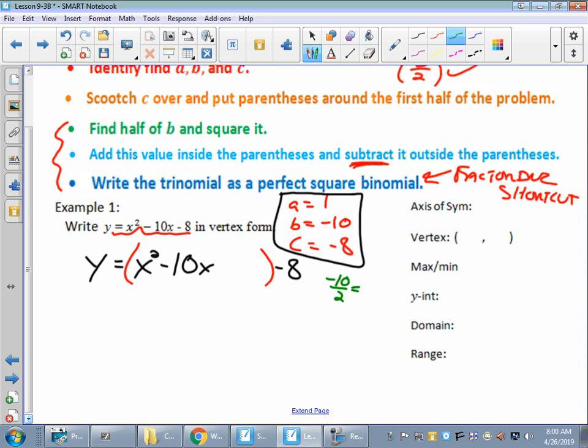So when I take -10 divided by 2 gives me a -5. Then I'm going to square that -5. A -5 squared gives me a +25. And I'm going to put that +25 in here. Okay? I'm also going to put that 25 on the outside, but I'm going to subtract that value.